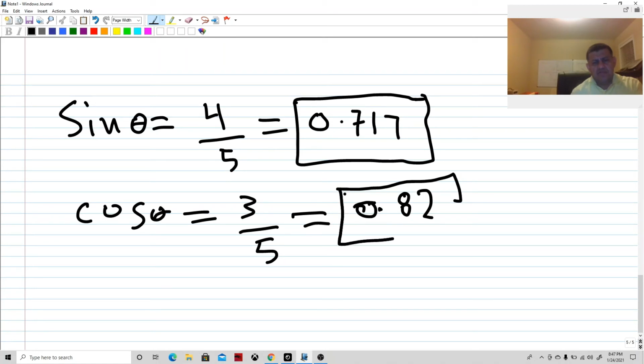All right. What about the tangent? The tangent is the ratio between these two, opposite over adjacent, so it's 4 over 3.